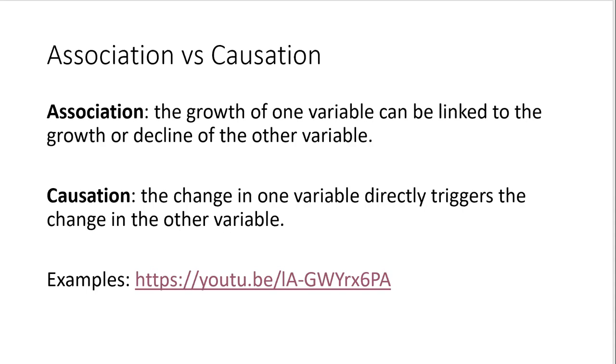Now, we should be careful not to confuse association and causation. So causation is when the change in one variable directly triggers the change in the other variable. Association does not necessarily describe the causation or prove the causation.